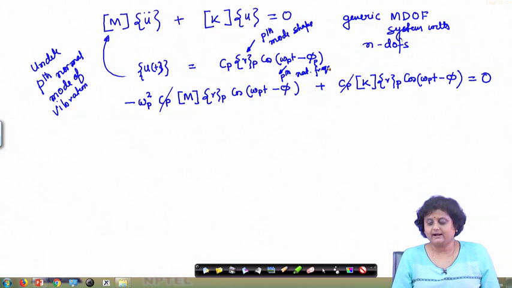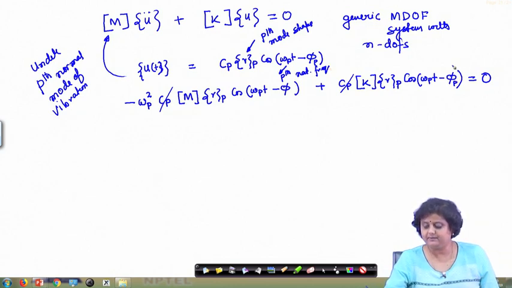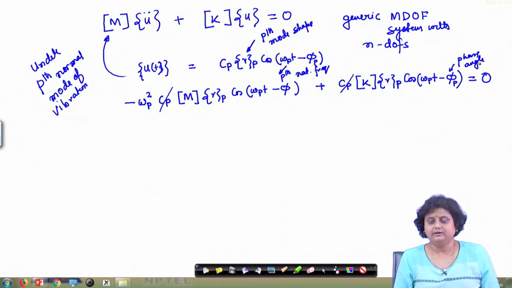In cos(omega p t minus phi p), phi p is the phase angle. Please do not confuse it with the modal matrix that we are talking about. This is just an angle denoting the phase angle.